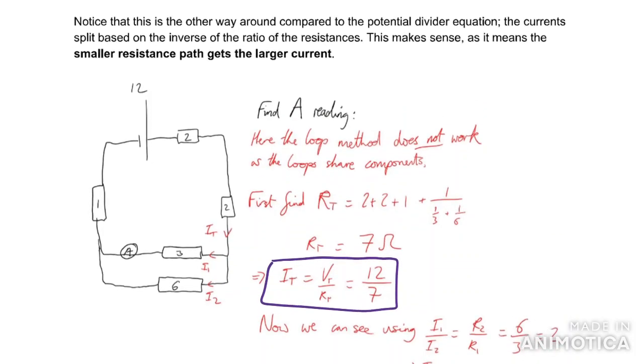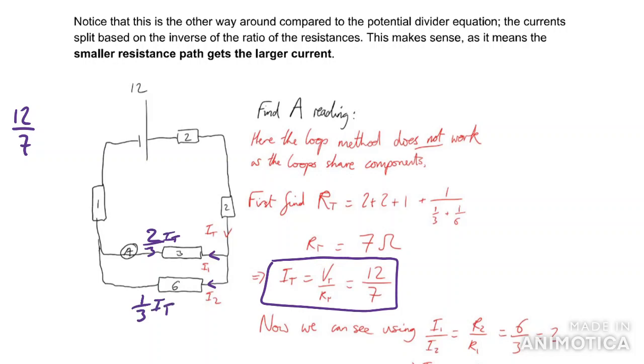And so then we've got 12 over 7 to share, and we know that the current splits here. How does it split? Well, it splits according to the ratio of the resistances. One of them is 3 and one of them 6. So the top one, because it's the smaller resistance, is going to get 2/3 of the current, and this one is going to get 1/3.